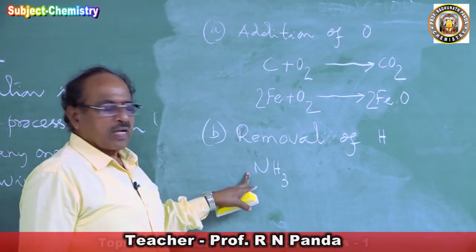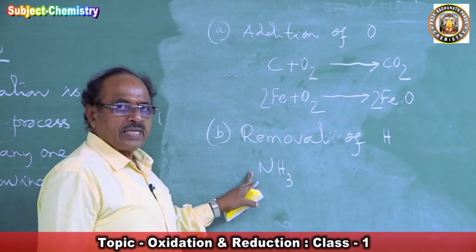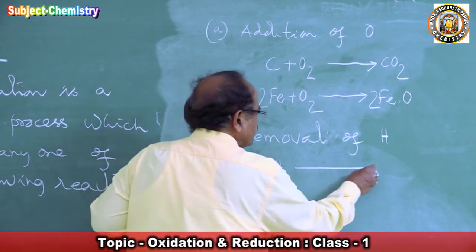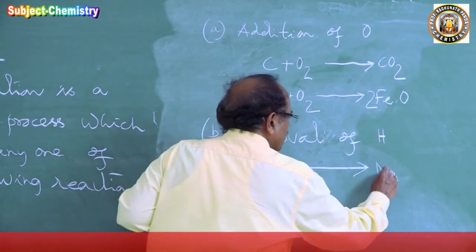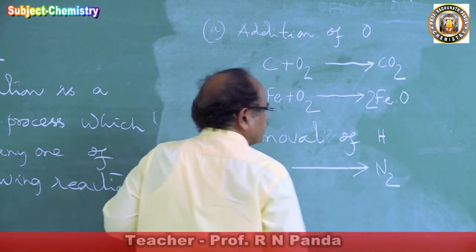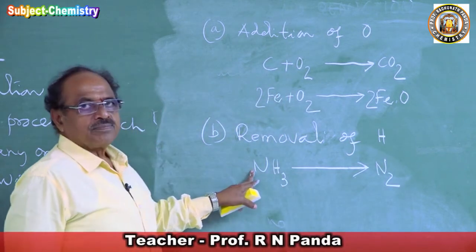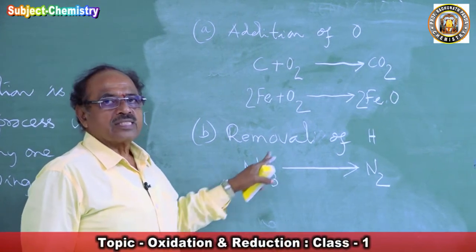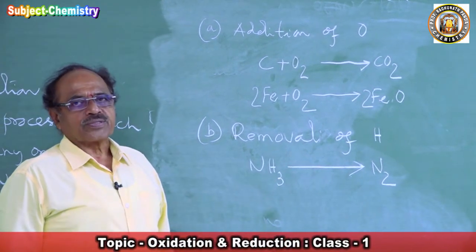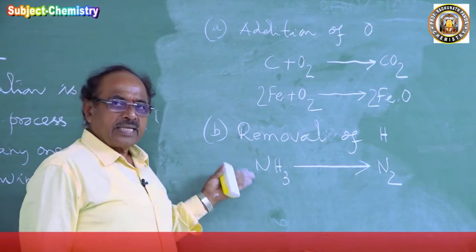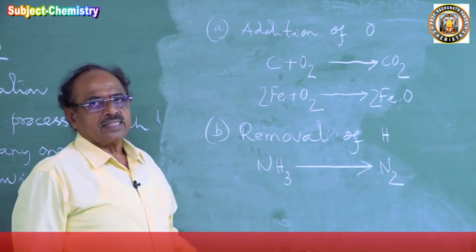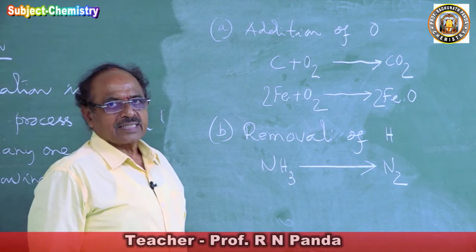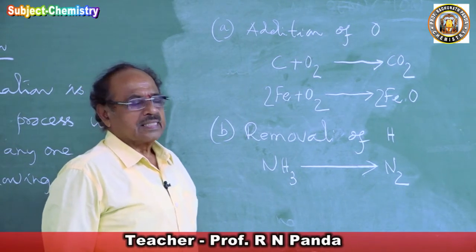Nitrogen combines with hydrogen to form ammonia. From ammonia, if this ammonia forms nitrogen, we say ammonia is oxidized to nitrogen, or nitrogen in ammonia is oxidized to nitrogen gas. We can say either of those.